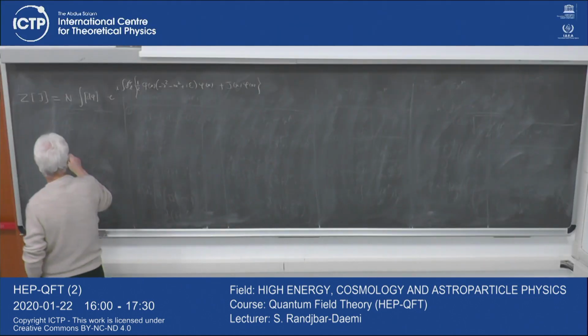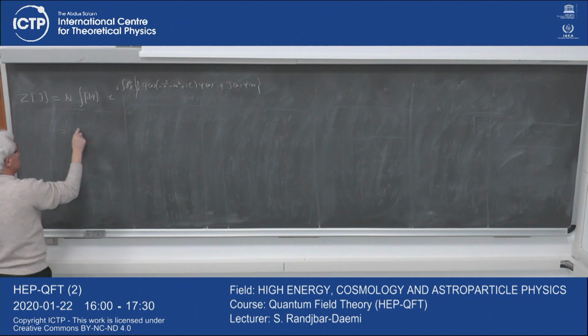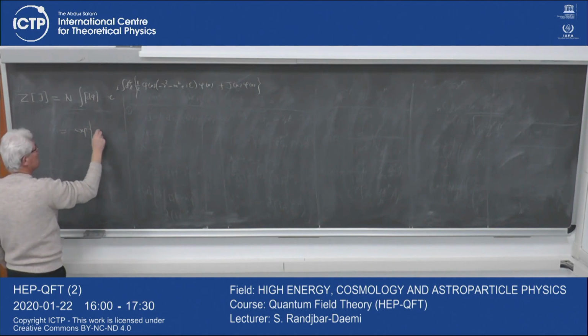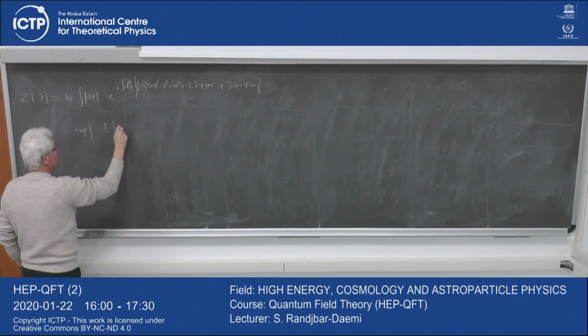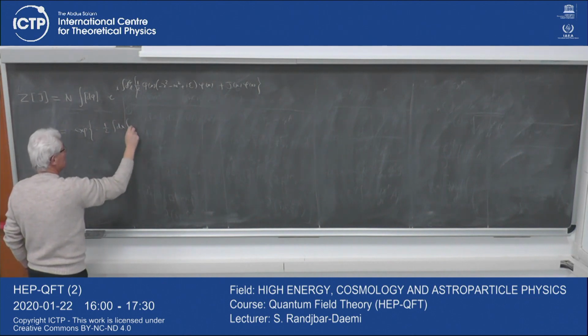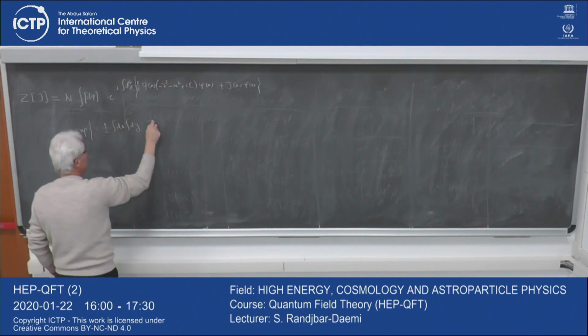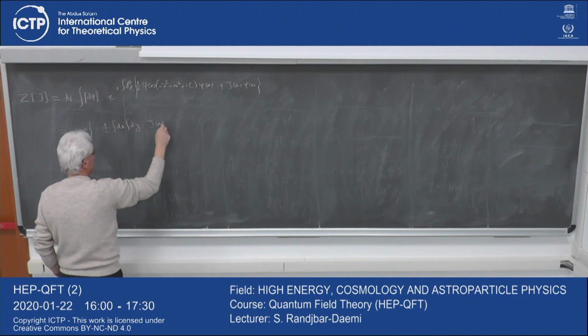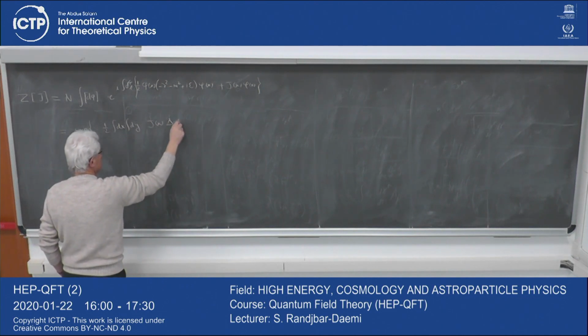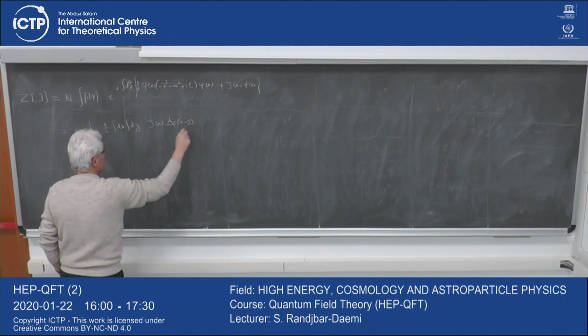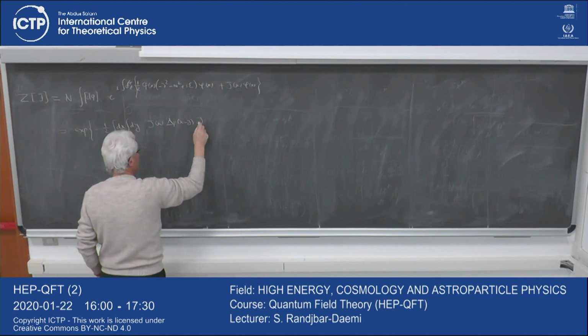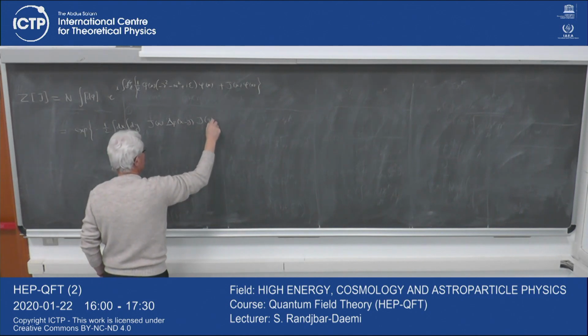And the result was that after you do the integration, you obtain a Gaussian functional of J with the Feynman propagator sandwiched between the two J's.